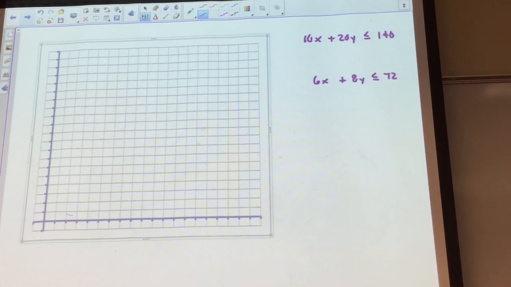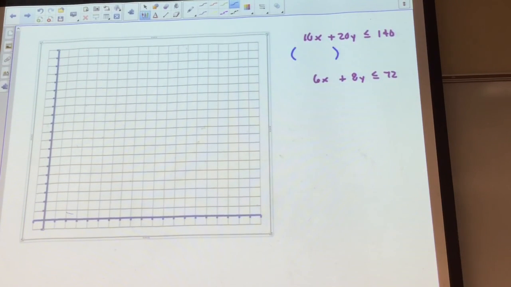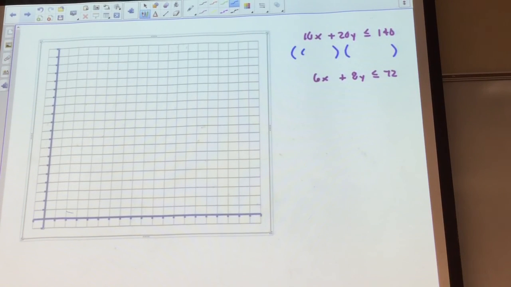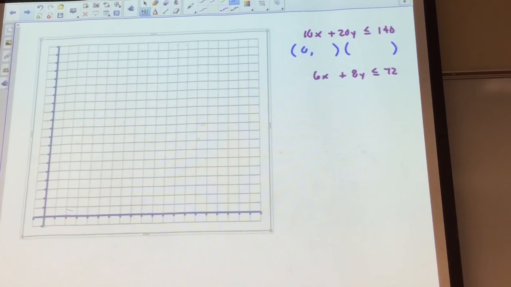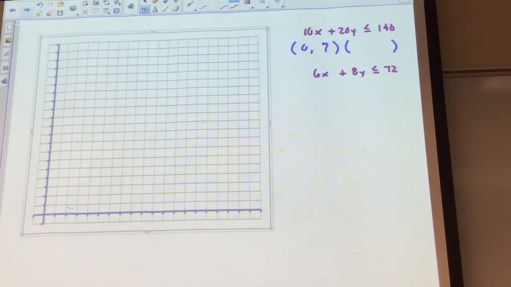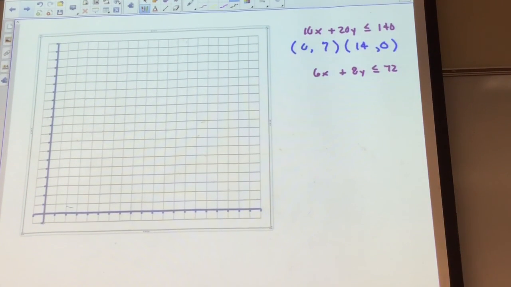And we have to be able to put that onto the graph, which means that we need intercepts. So if x takes on a value of 0, then y ends up doing all the work, which gives me a value of 7. If y takes on a value of 0, then x does all the work, which gives me a value of 14.